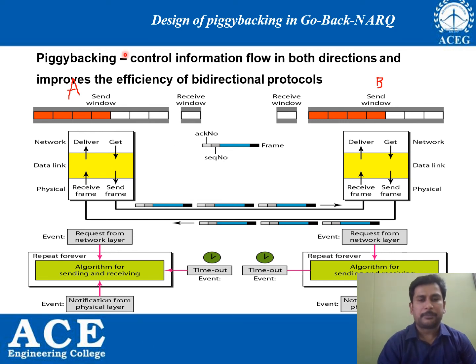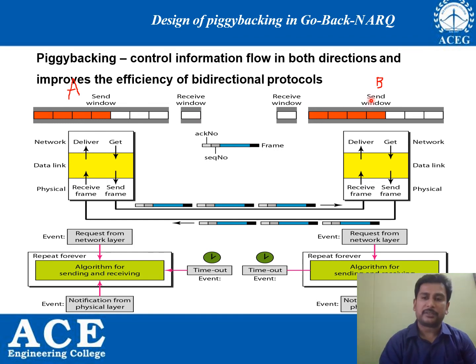At the same time, A has to receive the data from B, so it has to have a receiver window. And what is the type of protocol we have been discussing? Go Back N ARQ. So the size of the sender window is 2 power m minus 1, and the receiver window size is 1.